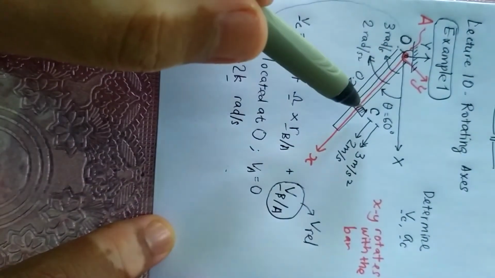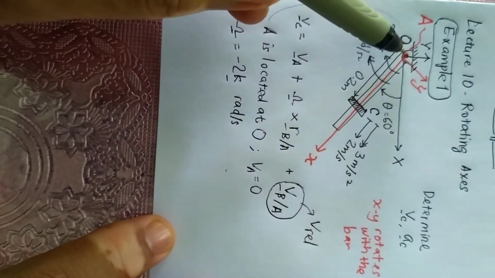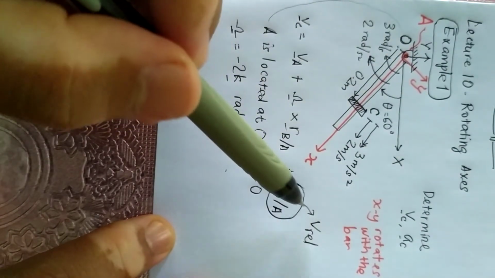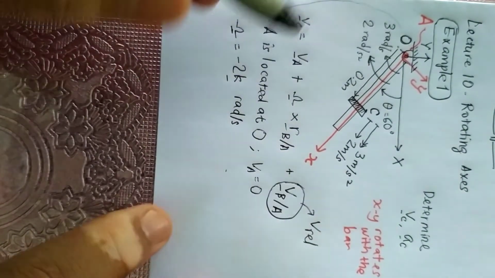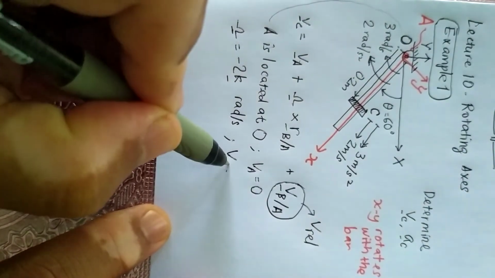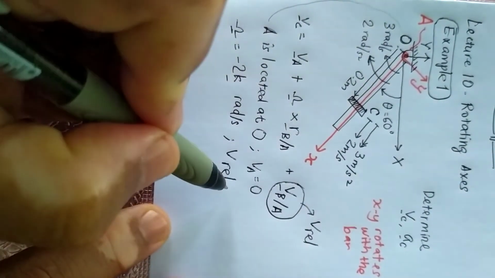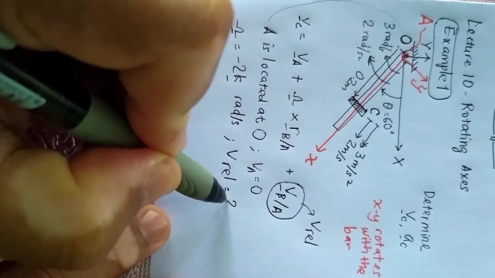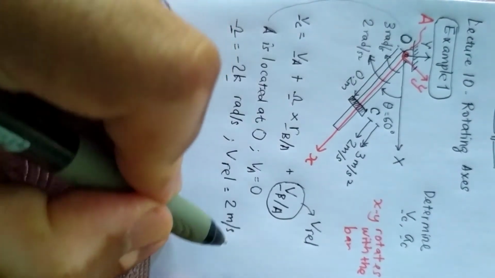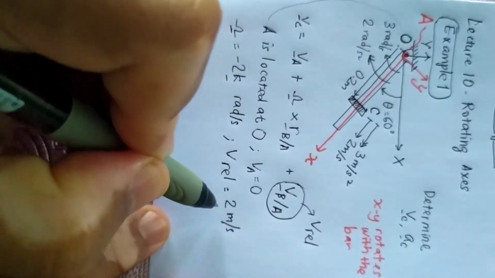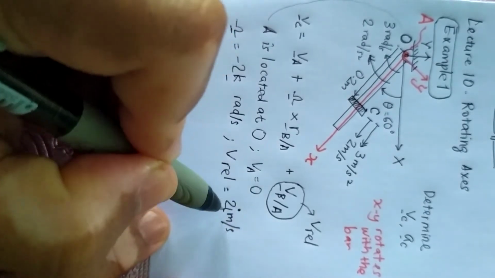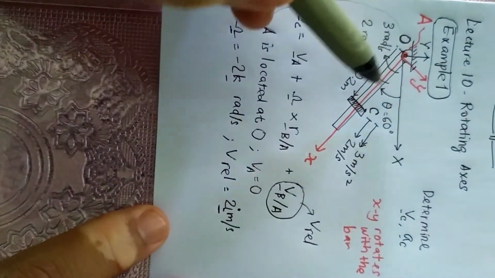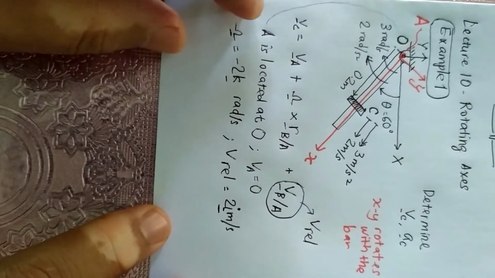So V relative is the relative velocity of the collar measured according to the rotating axis. So we have V relative equals 2I meter per second, because it's moving outwards along X.